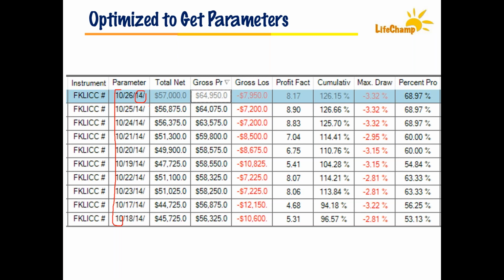I just choose one of them because you see, it's testing different parameters for me. Without me having to go through this process over and over again, the system tests it out and shows that you only need to change the entry signals, then you can get better and better results.